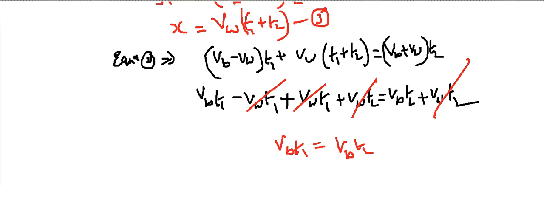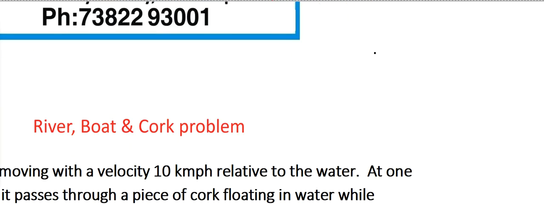So on both sides I can cancel Vb. This implies T1 is equal to T2. So downstream and upstream it is traveling for the same time. That is the first question.